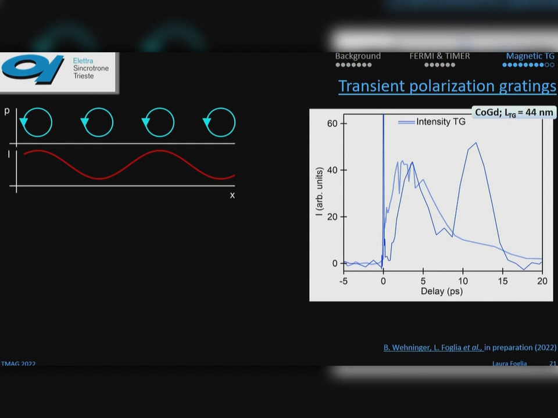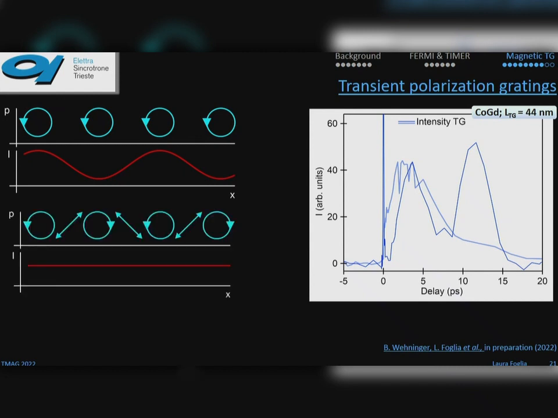You have the signature of the surface acoustic wave. And this is what happens when you switch to this cross-polarized excitation, where the intensity at the sample remains constant, and it's the polarization that has a periodic progression. This is what we observe.